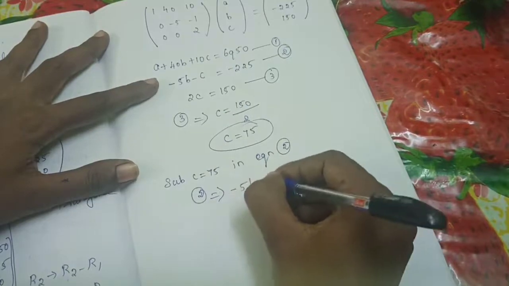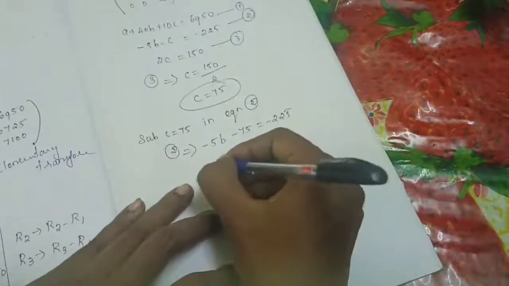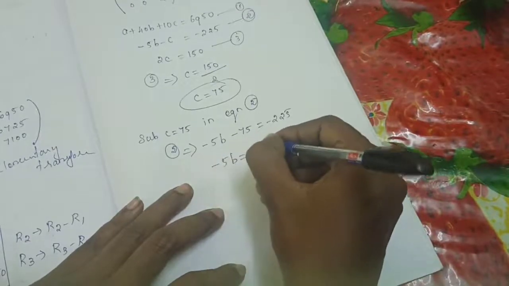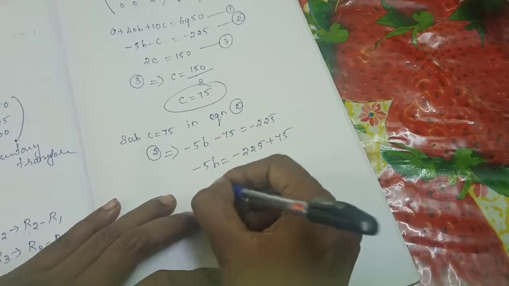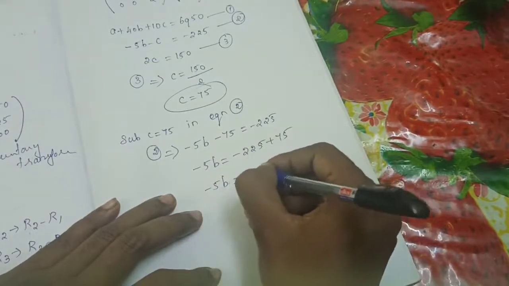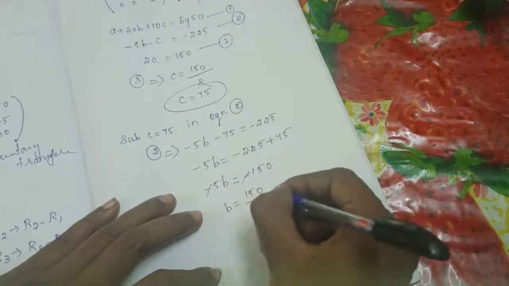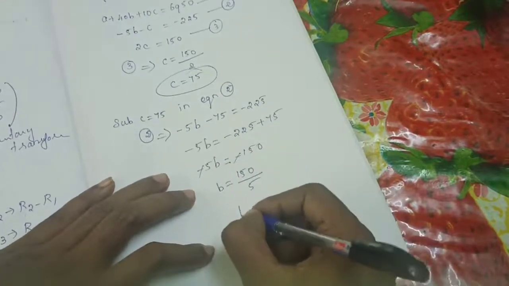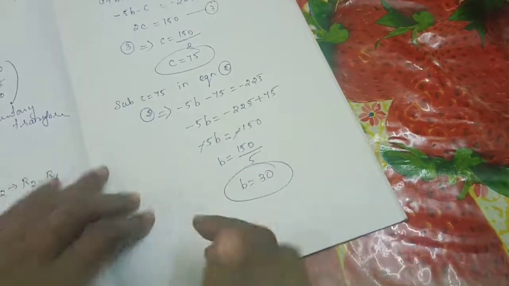Minus 5B minus 75 is equal to minus 225. So minus 5B is equal to minus 225 plus 75. So what will happen? Minus 5B is equal to, if we subtract, you will get minus 150. So the minus signs will get cancelled. So B is equal to 150 by 5. So B is equal to 30. Understand? So only one value you need to find.